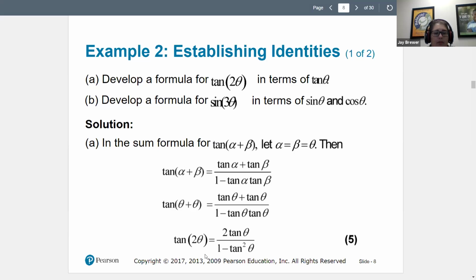So that is why they went ahead and made those let statements. Once you simplify everything, you end up getting the 5th equation that could really have been written up in theorem 1. Tangent 2 theta equals 2 times the tangent of theta over 1 minus tangent squared theta. That's another one that you're going to want to write down.